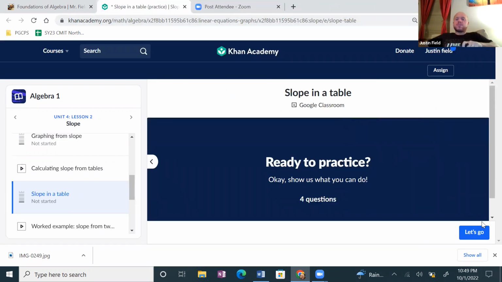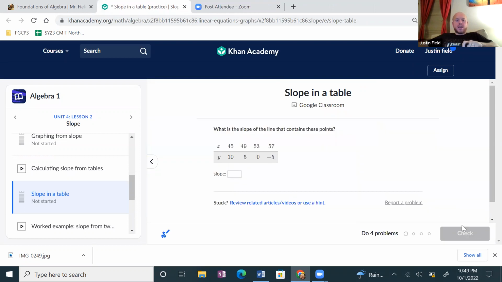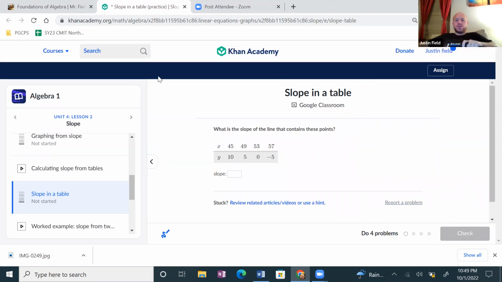Let's get slope in a table. Okay. Do you remember the slope formula that I told you at the beginning? y2 minus y1 over x2 minus x1. Guess what? We can do that with these. We just pick any two. And there's your x2, y2, and your x1, y1.